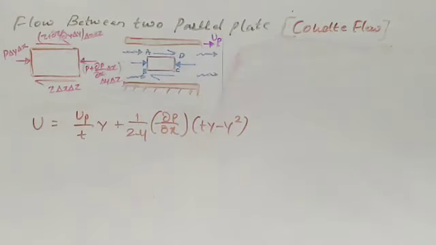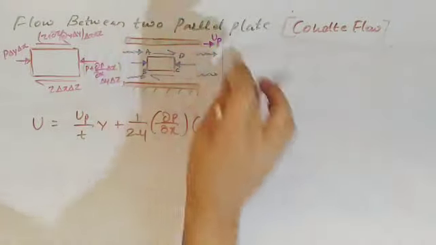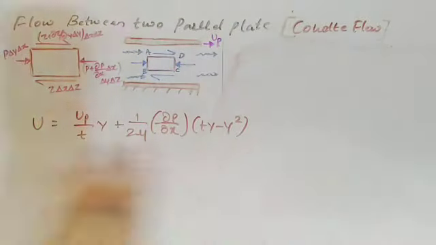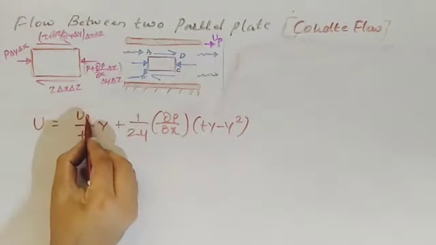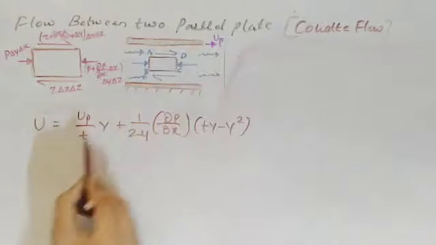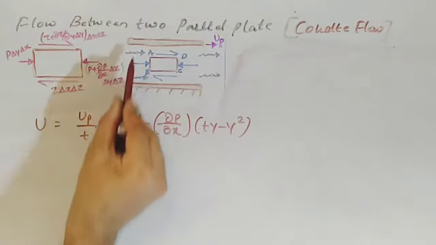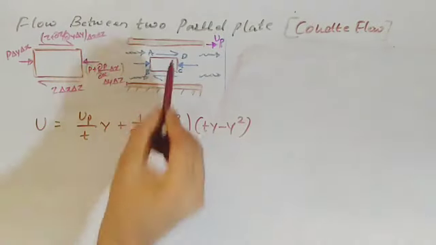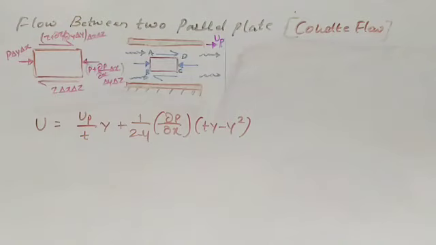This is the velocity of a fluid flowing at any particular section, where u_p is the velocity of the upper plate, t is the distance between the two plates, and y is the position.